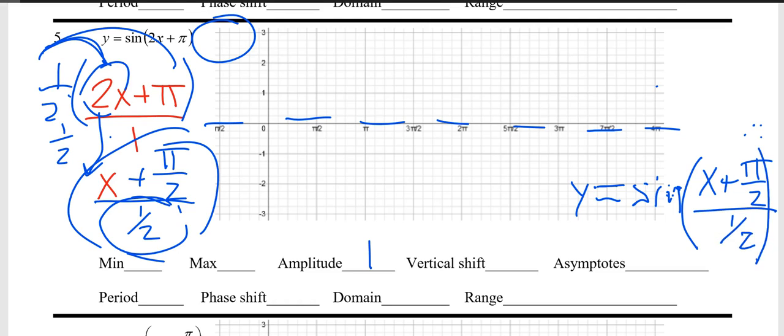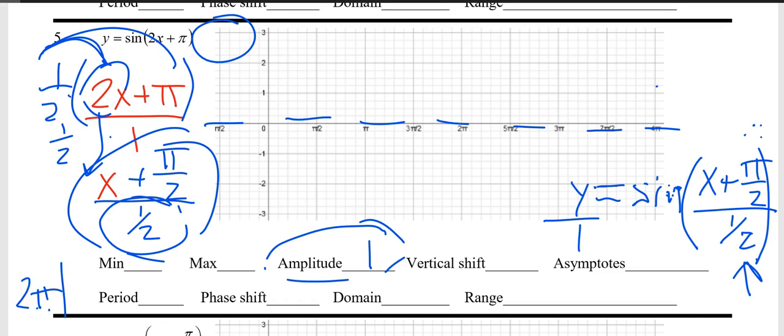Okay, so this is what we're looking at. There's no change on the vertical. We're still over 1, so we've got the same amplitude of 1. What is the period? Because it's been shrunk. We got a shrink going on right there. 2 pi times the absolute value of the multiplier does give me 1 pi. You're right.